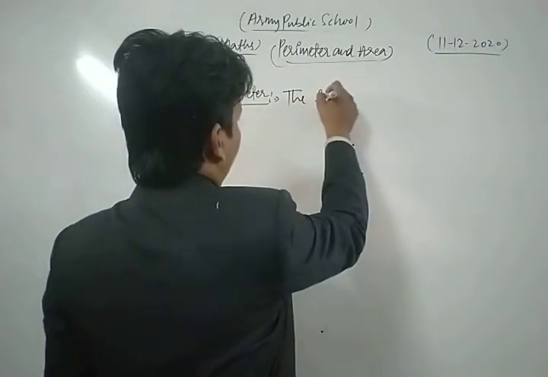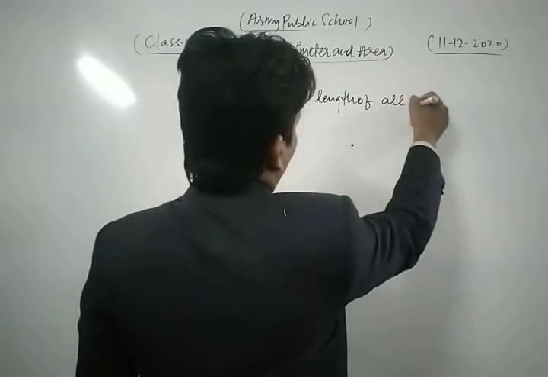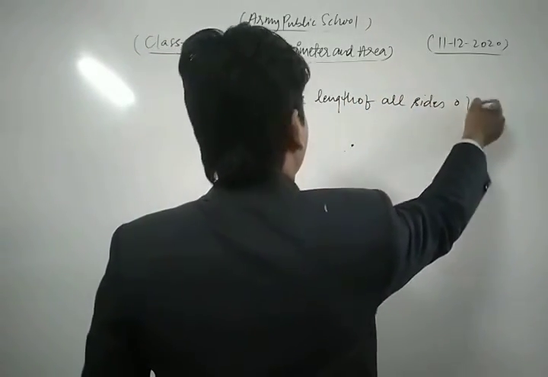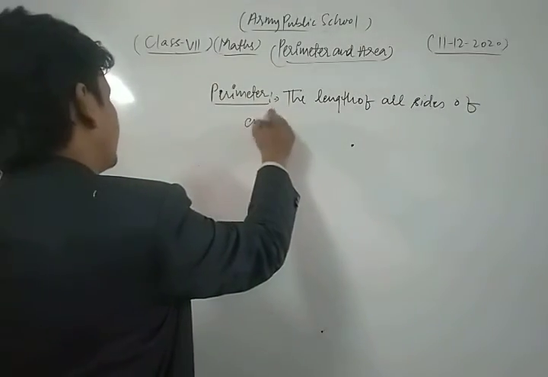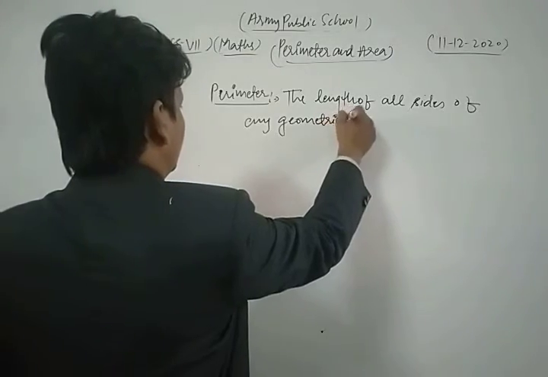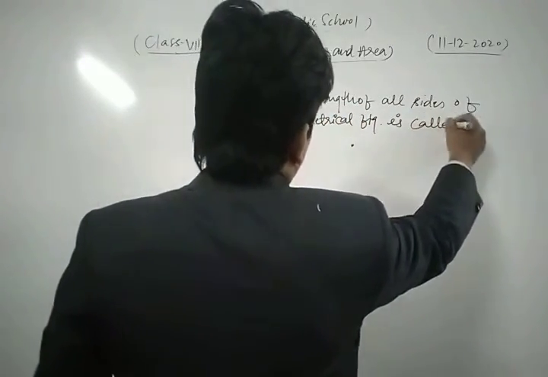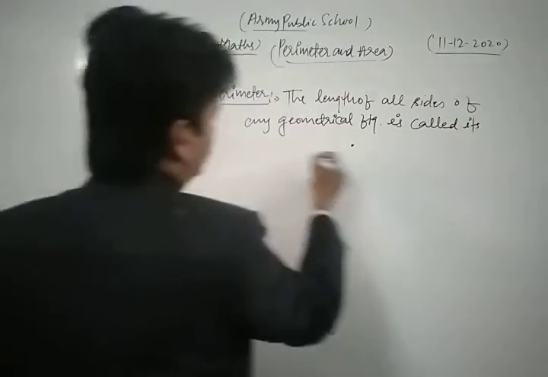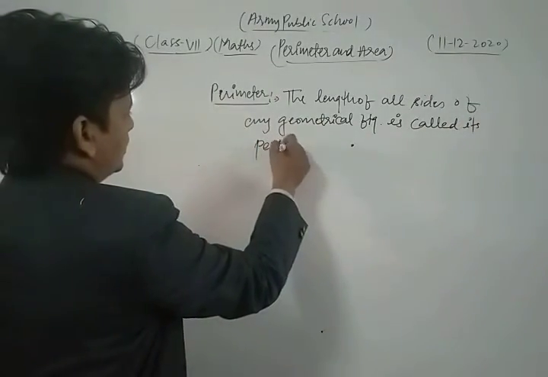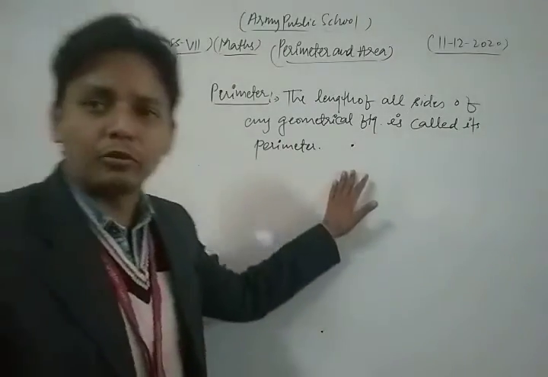The length of all sides of any geometrical figure is called its perimeter. So this is the concept of perimeter, dear students.